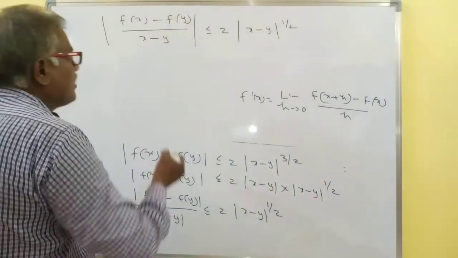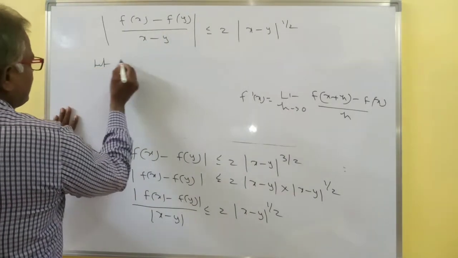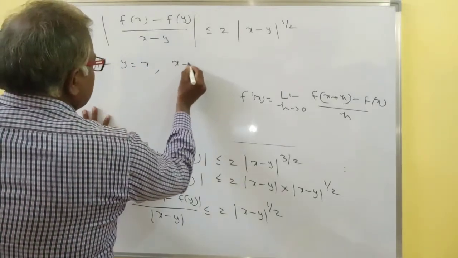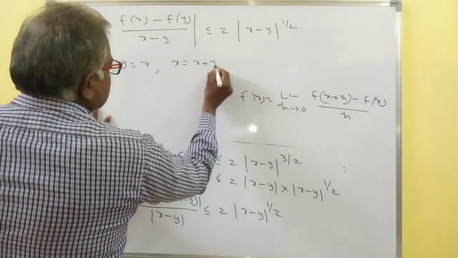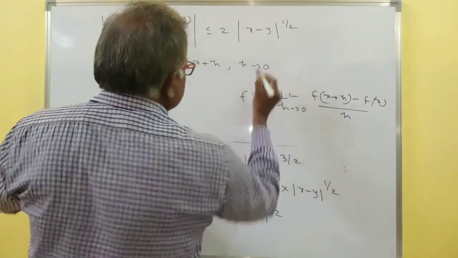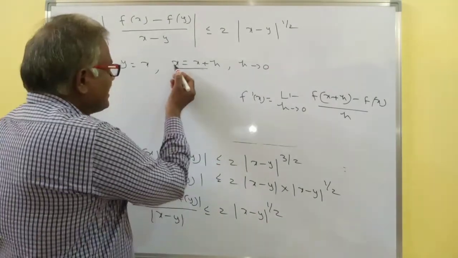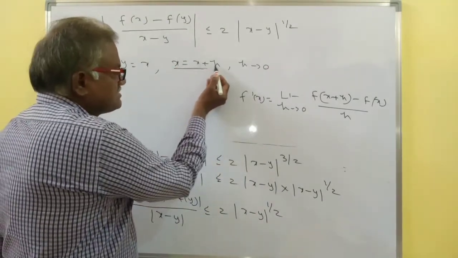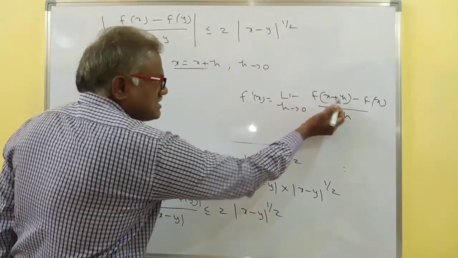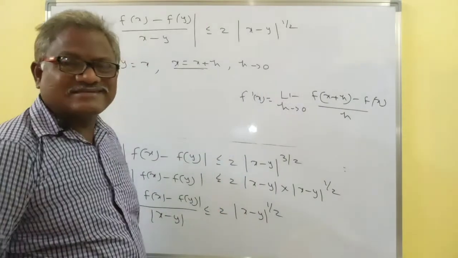So, that is why, let or put y is equal to x and also x is equal to x plus h, and also h tends to 0. Simple. Here x I can assume as x plus h. Regarding this formula, in place of x, x plus h is there.